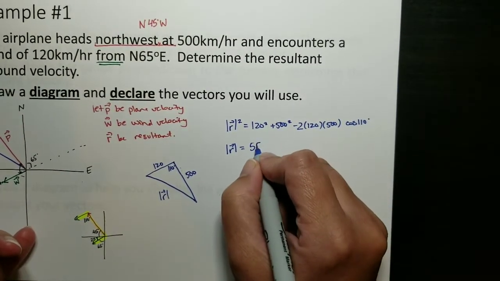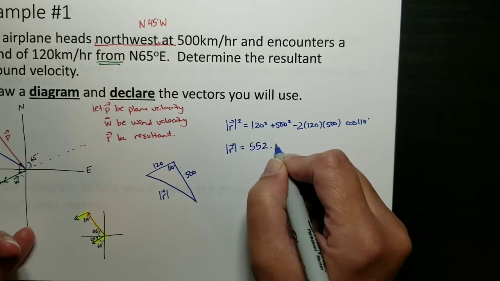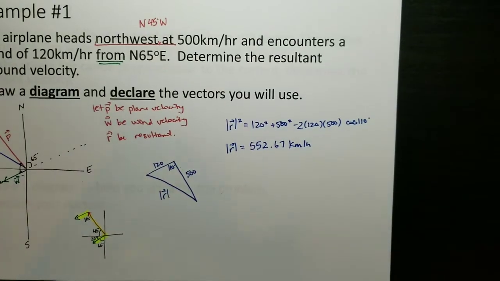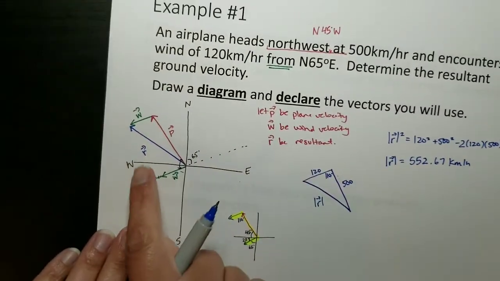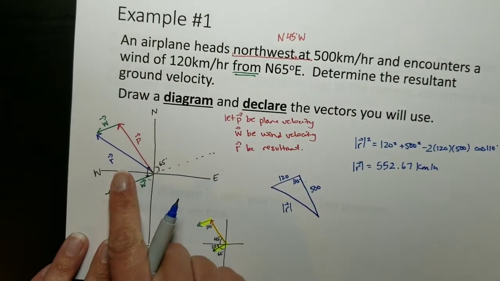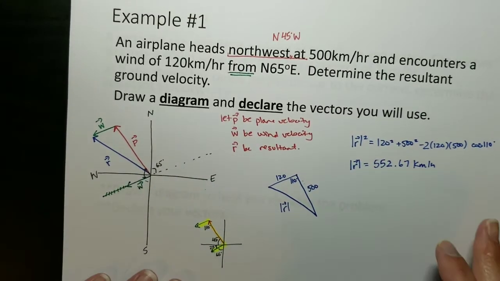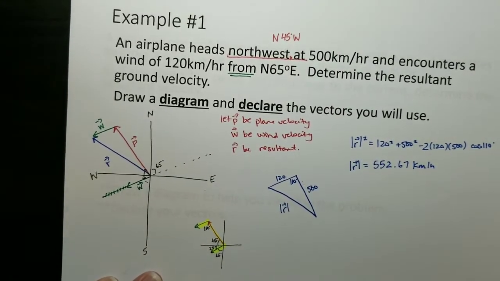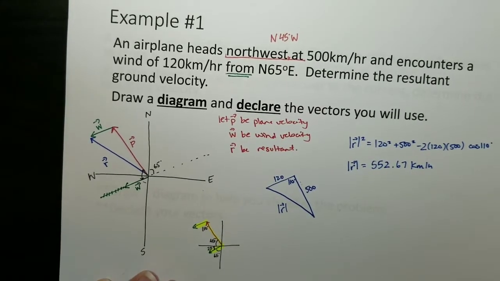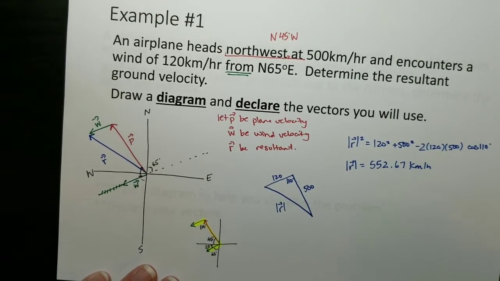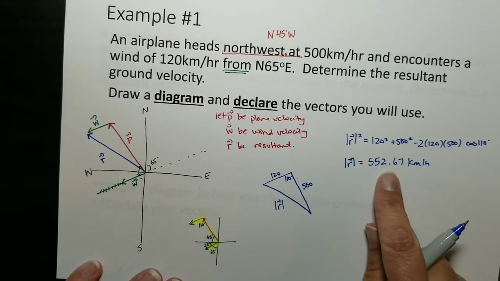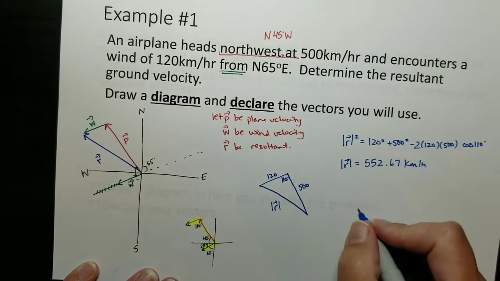I get 552.67 kilometers per hour. So if you've drawn an even somewhat to scale diagram, you should be getting a pretty reasonable value there for your answer. And that looks pretty good to me. It does look like that magnitude would be bigger than the magnitude of the plane, but it's not unreasonably bigger, so that looks good.